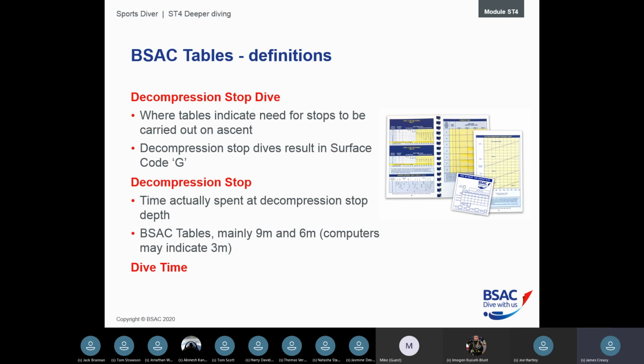The dive time is the time from when you started descending to when you reach your decompression stop depth. So rather than adding your deco stop minutes onto your time when you're working out what deco stop you need to do, you just use the time until you reach that depth.